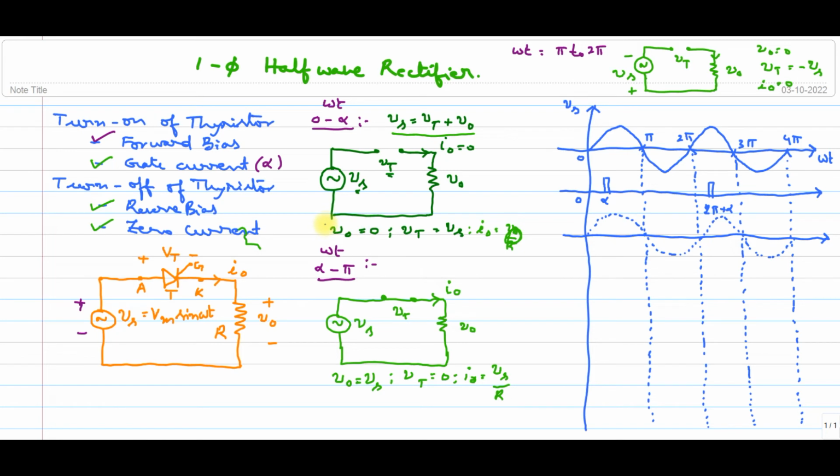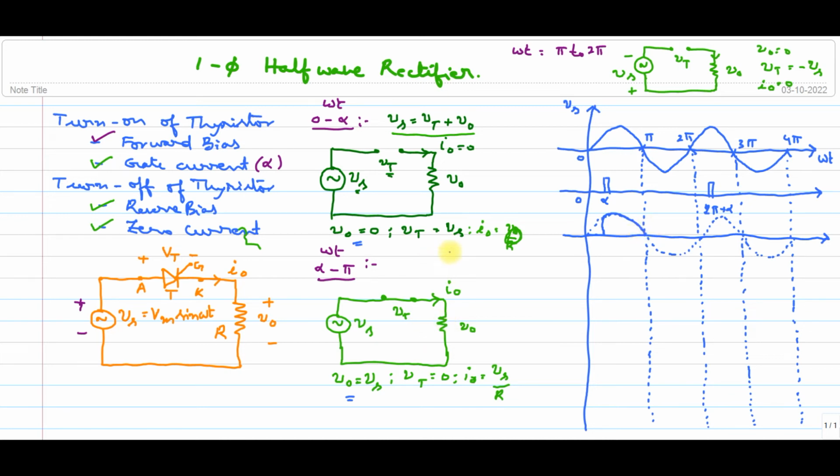I am concentrating on V naught. From 0 to alpha, my V naught is 0. After alpha, I need to follow Vs, from alpha to pi. From omega t equal to alpha to pi, I need to follow Vs. So I am simply following that Vs.